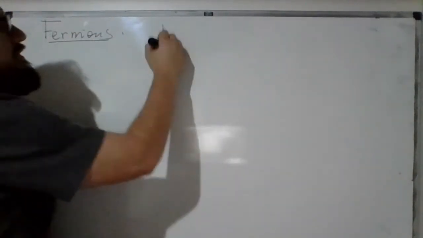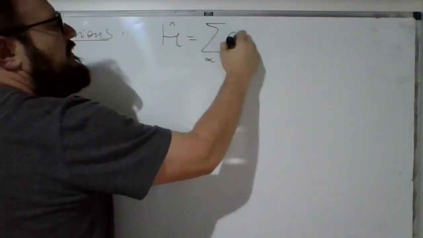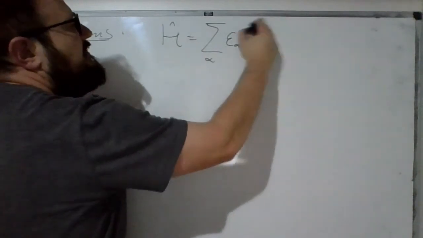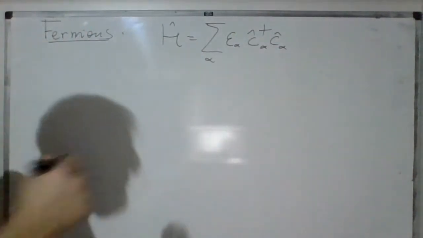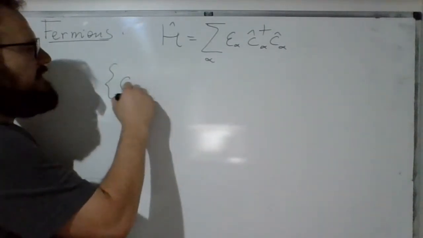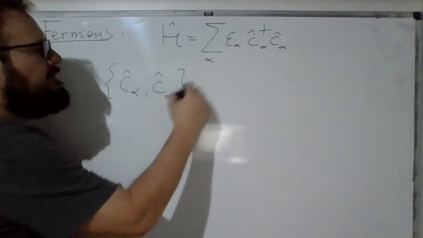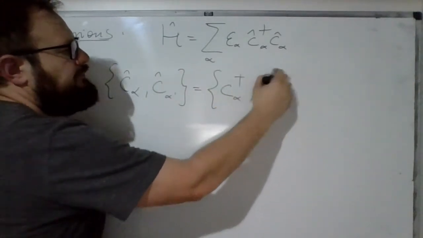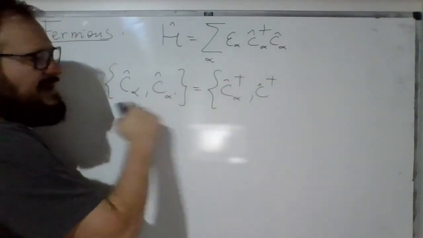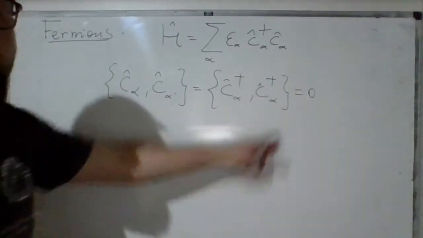Also, you can consider the Hamiltonian for fermions given by a summation over alphas, the energy of the alpha state, and the occupation number of that state. But now you have that the C alphas with C alpha primes, or the C daggers, the annihilation and the creation operators, anti-commute.